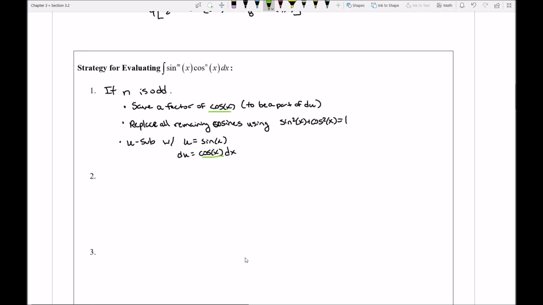Now you could imagine the same sort of thing being done if I had maybe had a problem with like sine to the third power. So if I end up with m is odd, then I can almost do the exact same thing.